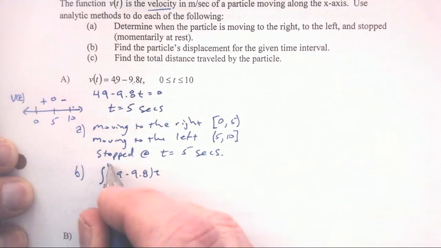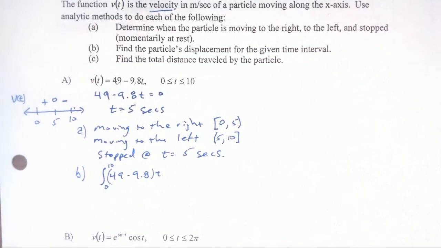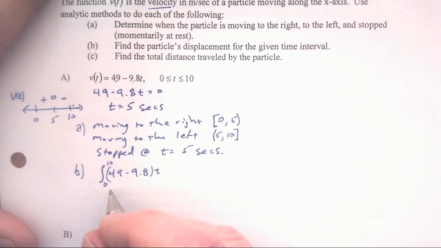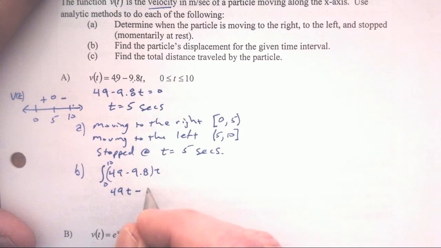What is our displacement? How far have we moved? That's just our integral. So that is 49t minus 9.8 t squared on 2.